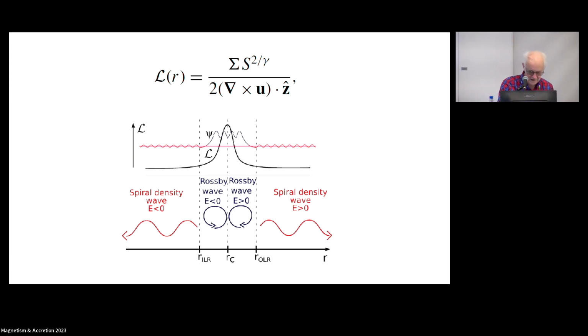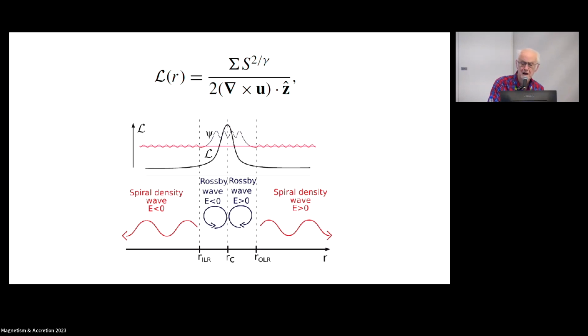And the diagram at the bottom shows the trapped wave. So by solving the Schrodinger equation, the solution will give you the growth rate of the instability.